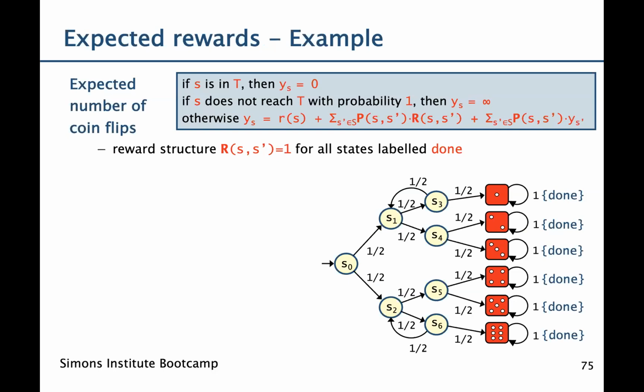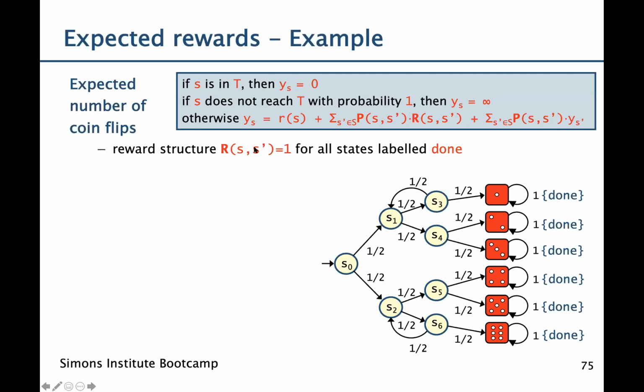So let's see this in practice. Let's go back to our simple example of modeling a die with a fair coin, and here we want to know what's the expected number of coin flips until we reach a done state, or a state where we know the value of the die. So this is the expected number of coin flips or steps.